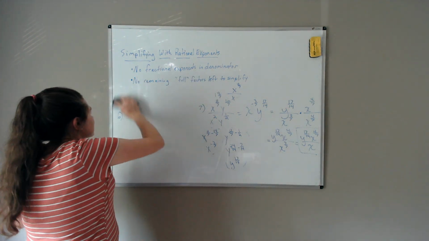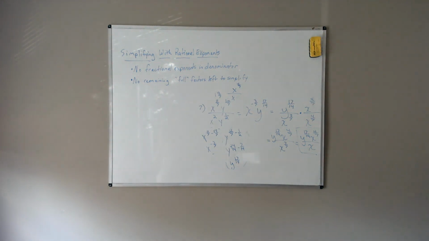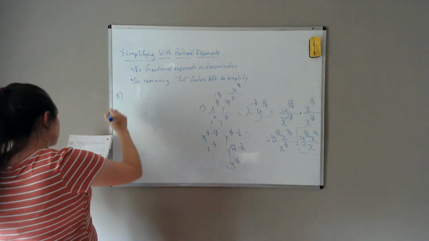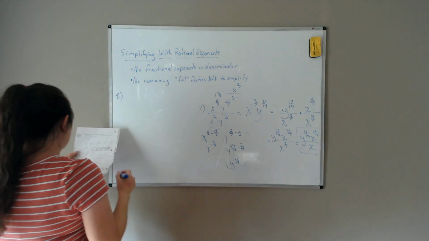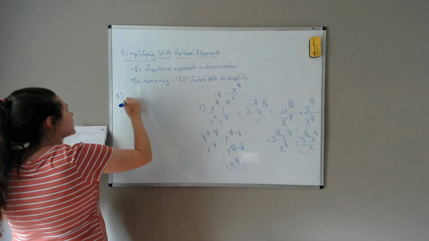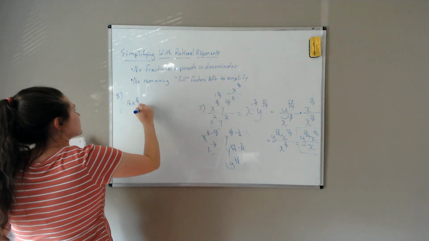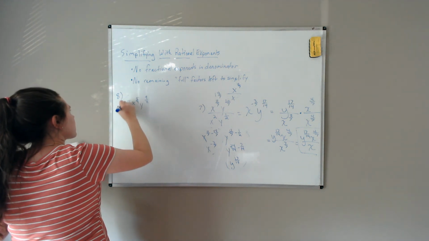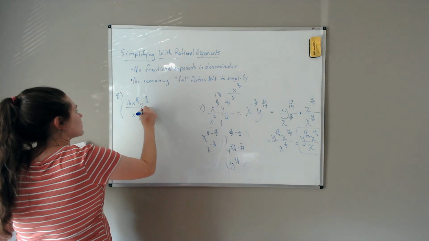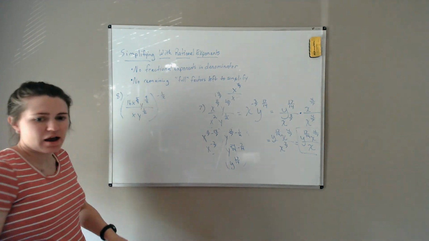Okay, number 8. So number 8, we'll do 16x to the 5/4 y to the 9/2 all over x, y to the 1/2, all raised to the negative 1/2 power.